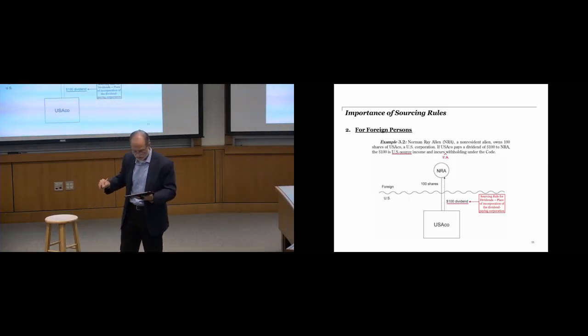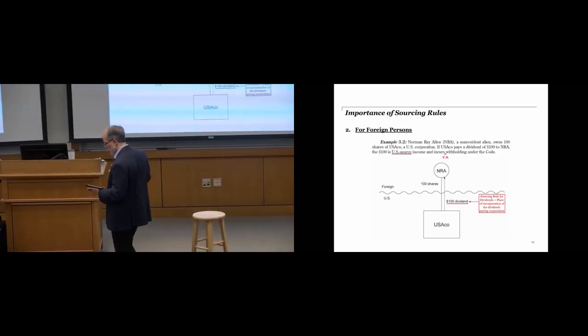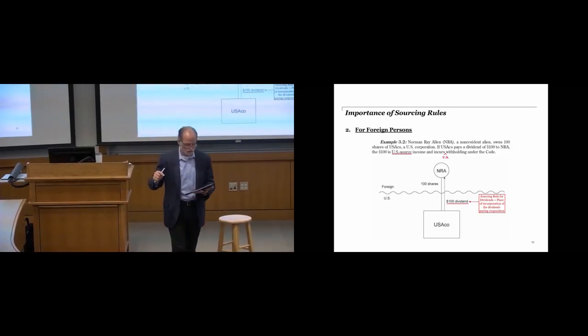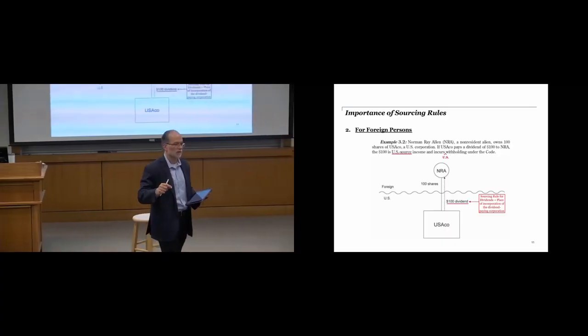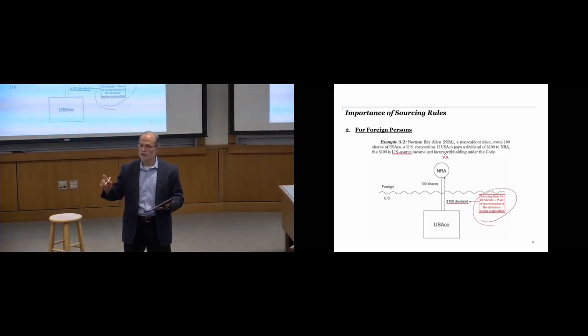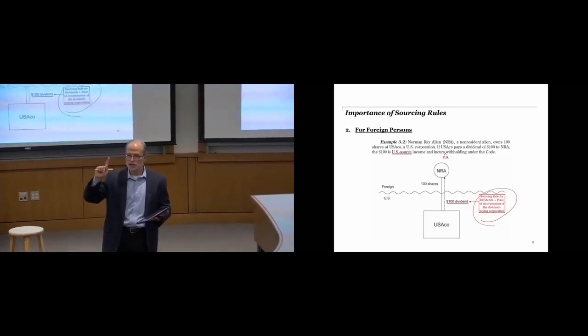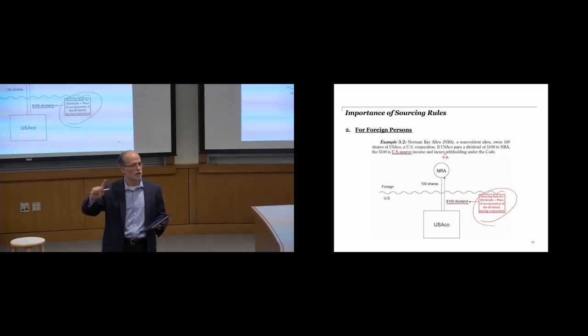If USACO pays a dividend of 100 to NRA, the $100 is U.S. source income and subject to U.S. withholding tax under the Internal Revenue Code. The reason you know that is because we'll talk in a few minutes about the sourcing rule for dividends, which is sourced to the location of the country of incorporation of the dividend-paying corporation.